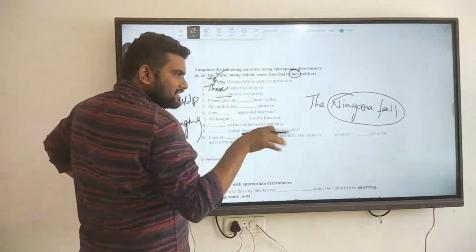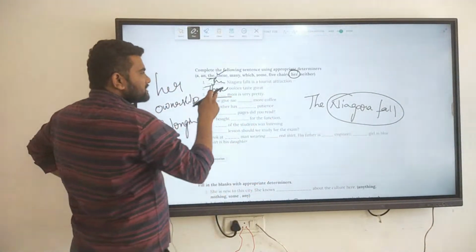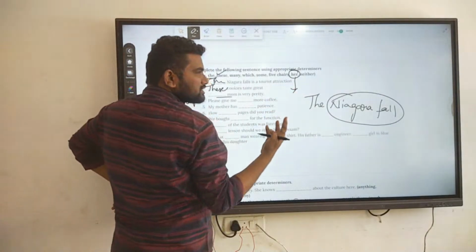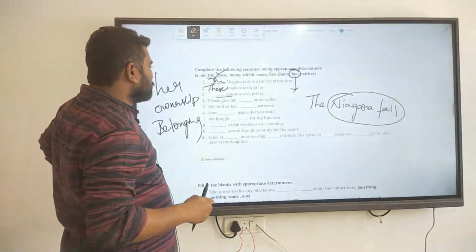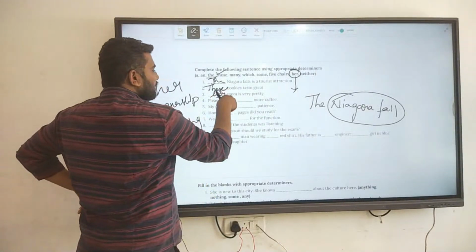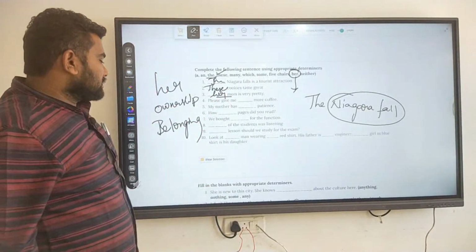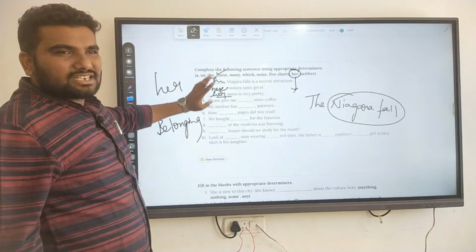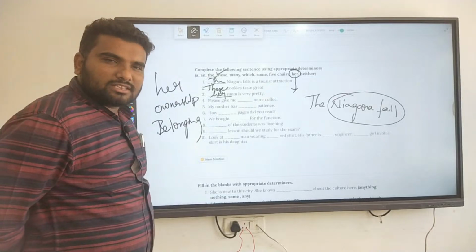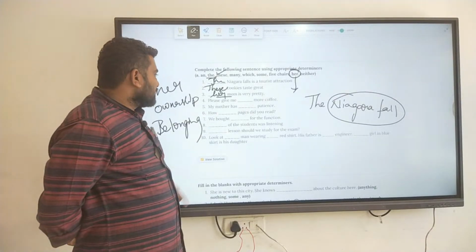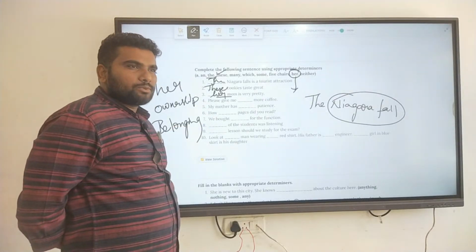Here there is a mom, we don't know whose mother it is, but we have one word which talks about possessiveness, belongingness, and that word is her. So her mom is very pretty. First answer is the Niagara Falls is a tourist attraction. Second is these cookies taste great, and the third is her mom is very pretty.